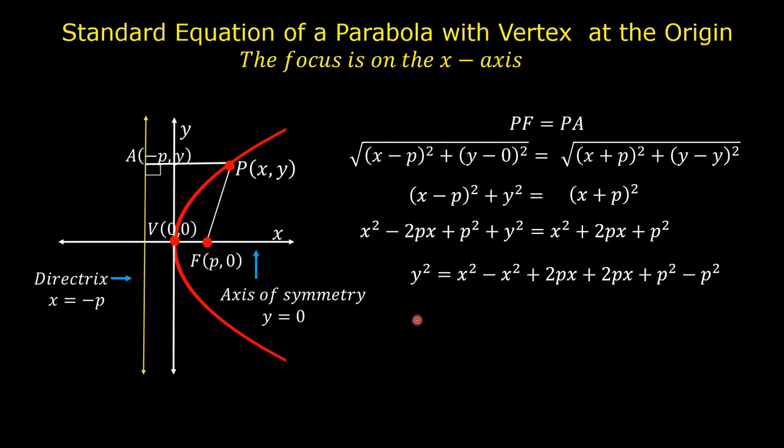Solving for y squared, we have y squared is equal to x squared minus x squared plus 2px plus 2px plus p squared minus p squared. Simplifying, we have y squared is equal to 4px.